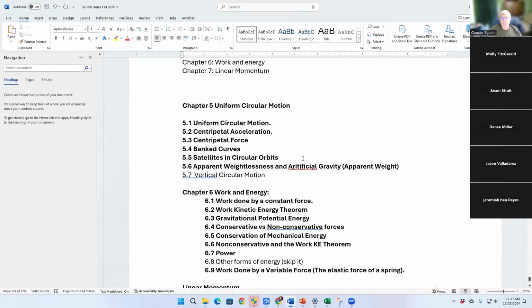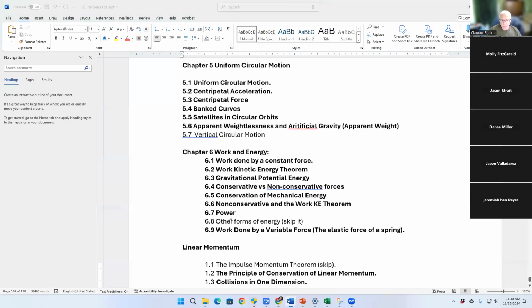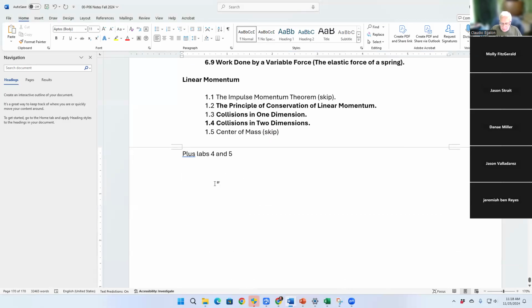Uniform circular motion. Let's go over the equations that you have to know about uniform circular motion.